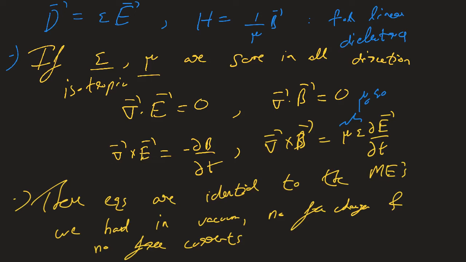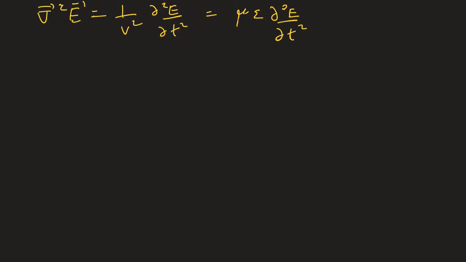Not the naughts. So if you then construct the wave equation and go about solving it, the only difference would be that, let's say if we write down the equation for the electric field, you'll probably get something like del squared E is equal to 1 over V squared del 2E by del T squared, which would be equal to, sorry, it will be equal to mu epsilon del 2E by del T squared.